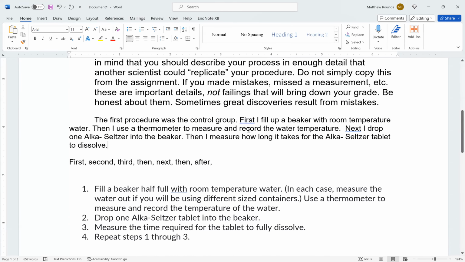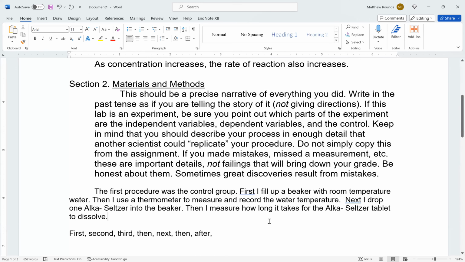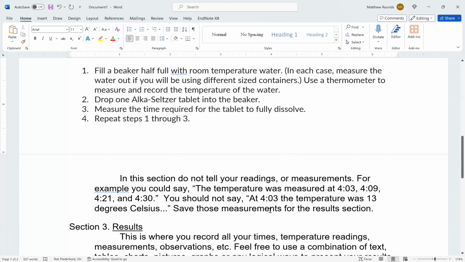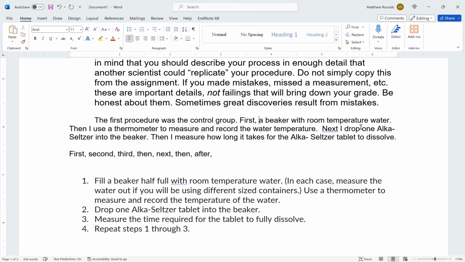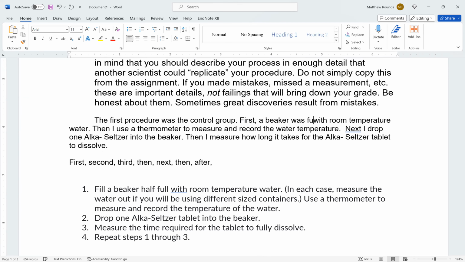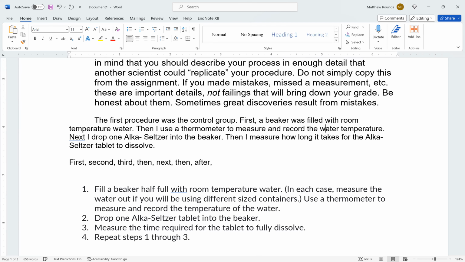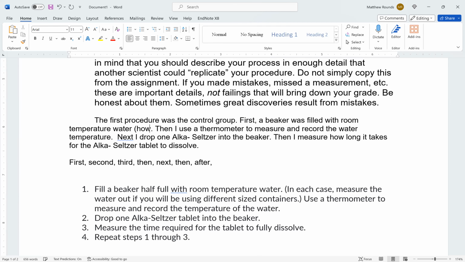First, and I don't know if you're allowed to use first person. This is going to be a little bit hard for you. First, you would just say a beaker was filled with room temperature water. You need to say how much.